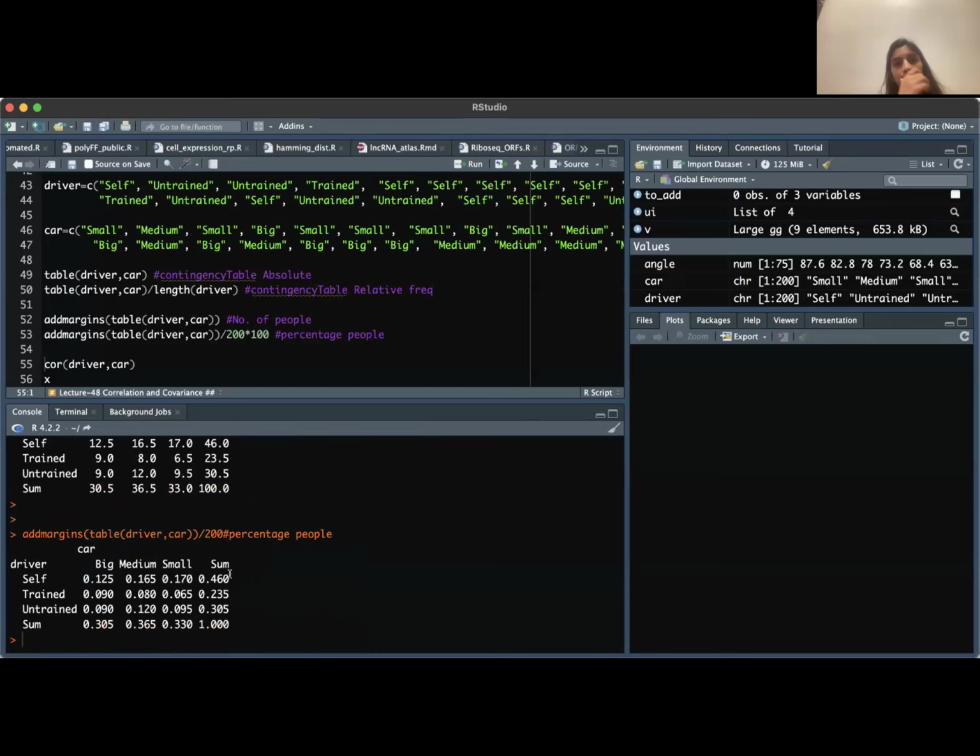So 0.46 is the marginal probability of the self-driving people. You just sum up all the y terms and you get this. So now what do you do if they ask for the probability of trained people given they have a small car?